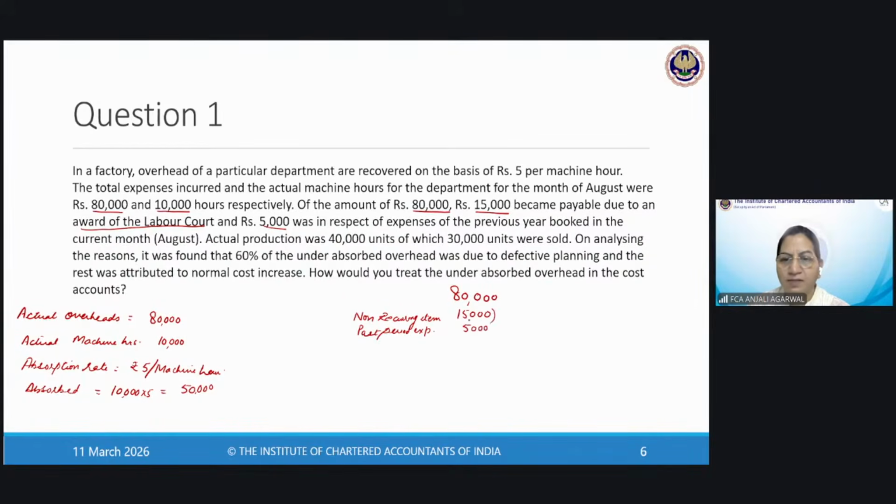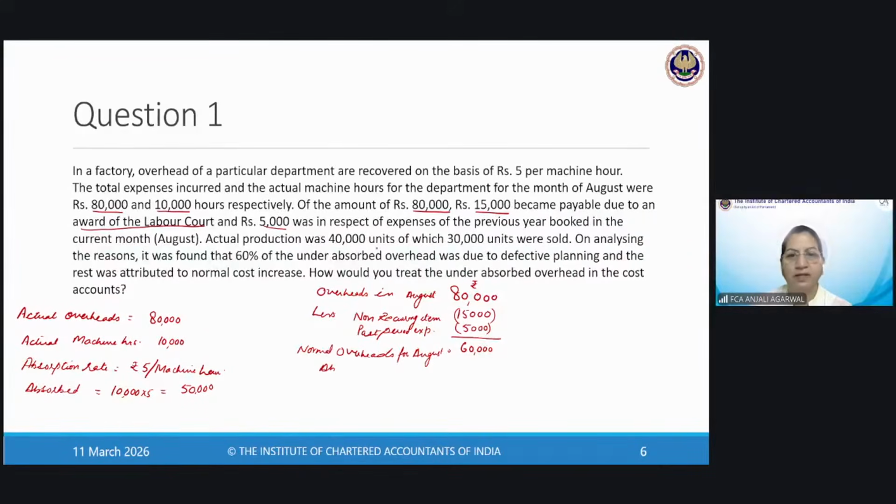If these two are deducted from the actual overheads of 80,000, subtract the non-recurring item and past period expense, the overheads are only 60,000. Normal overheads.